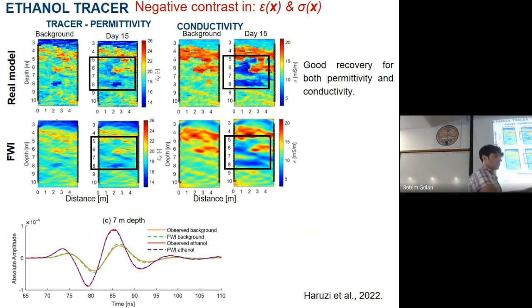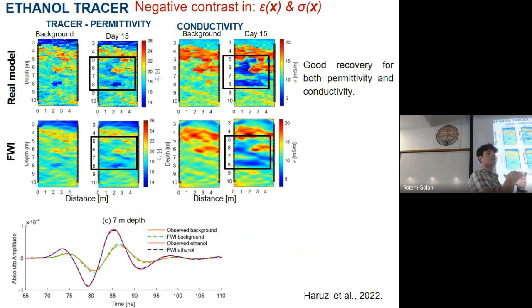Just the optimization that tries to fit the model data with the observed data, and the algorithm looks for the gradient direction of the parameters at each cell, and then updates the parameter at each cell.